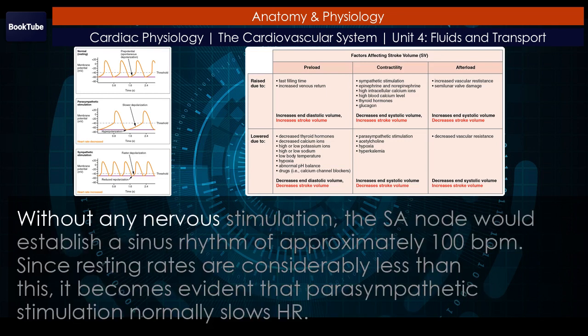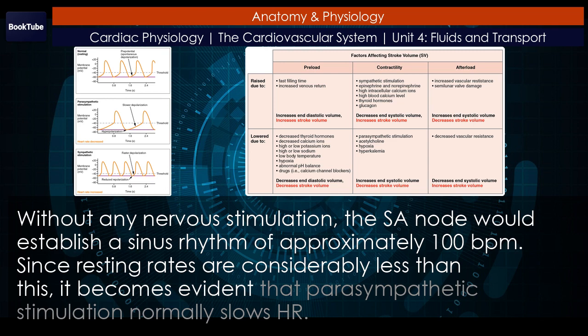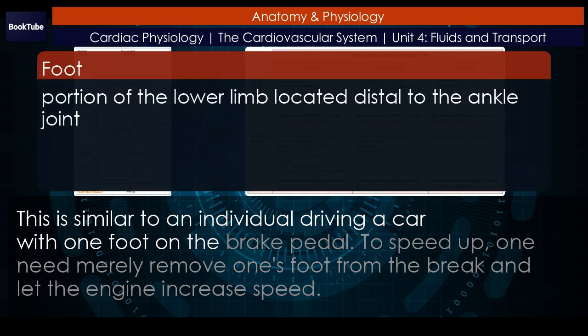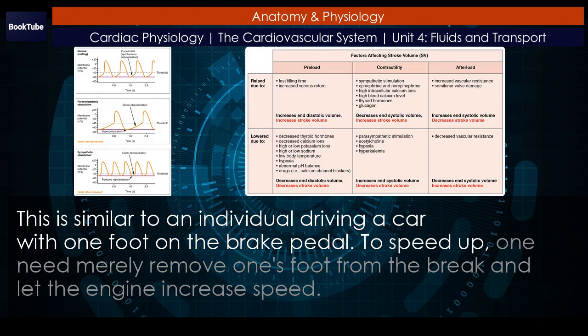Without any nervous stimulation, the SA node would establish a sinus rhythm of approximately 100 bpm. Since resting rates are considerably less than this, it becomes evident that parasympathetic stimulation normally slows our HR. This is similar to an individual driving a car with one foot on the brake pedal. To speed up, one need merely remove one's foot from the brake and let the engine increase speed.